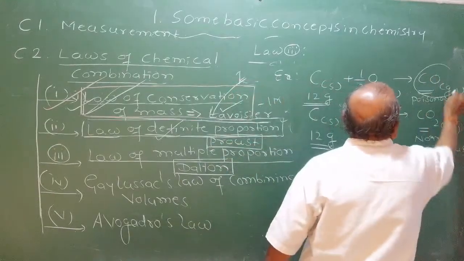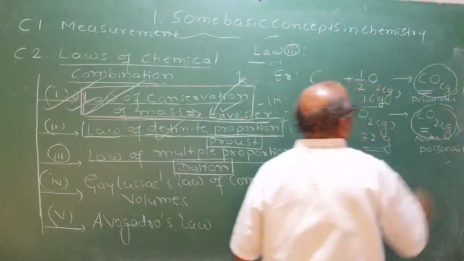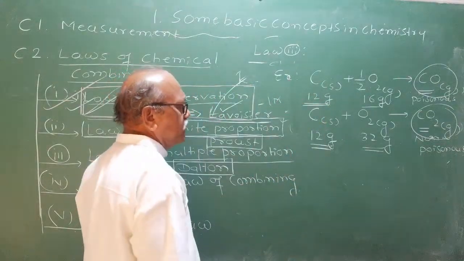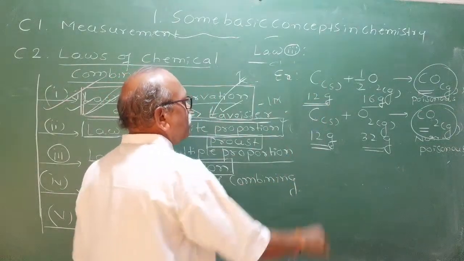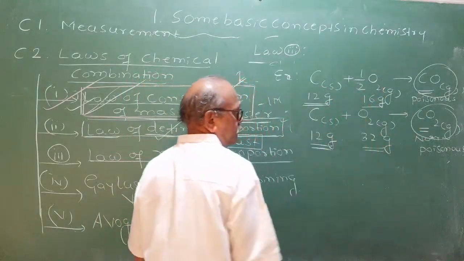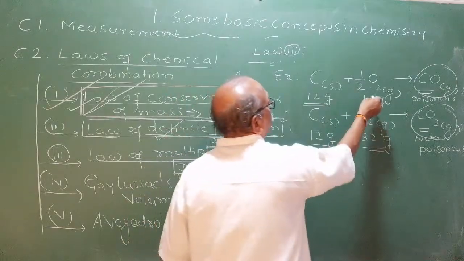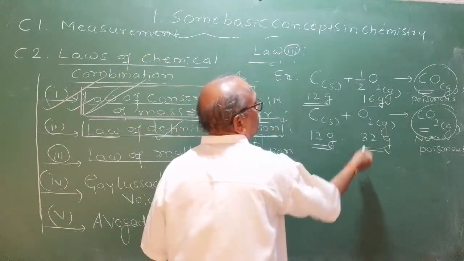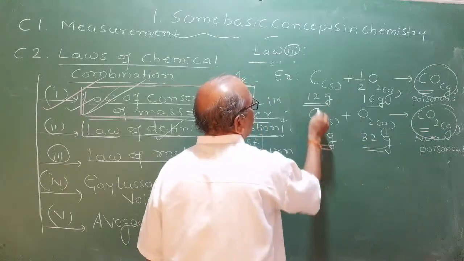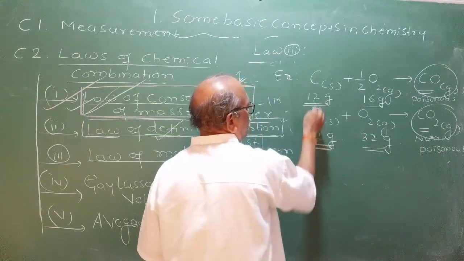Two products here: one product is carbon monoxide, another product is carbon dioxide. When two elements combine to form two or more products, the masses of one of the elements which combine with a fixed mass of the other element... whose mass is fixed here? Carbon's mass is fixed, 12 grams.